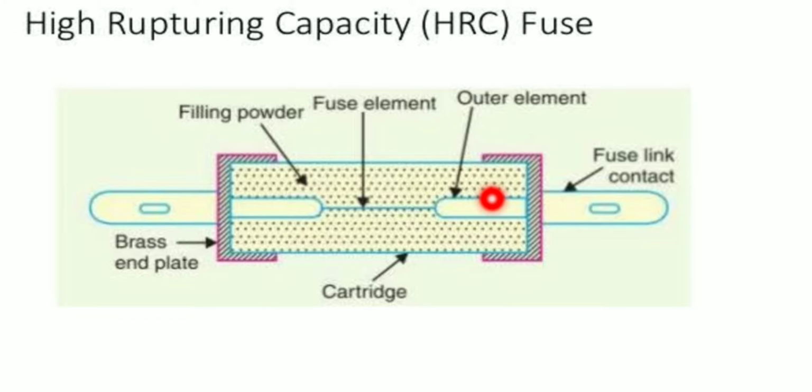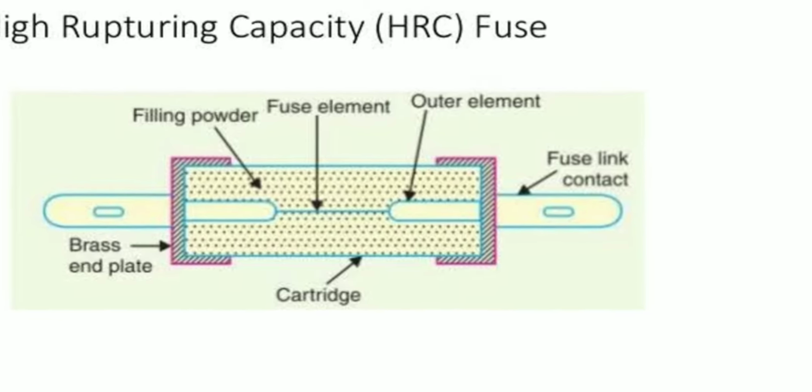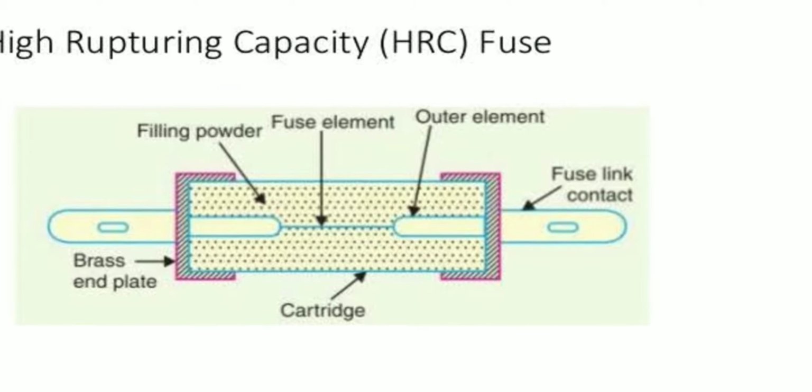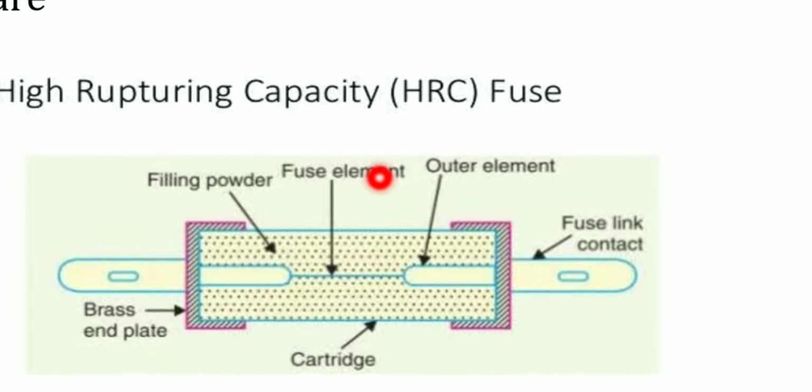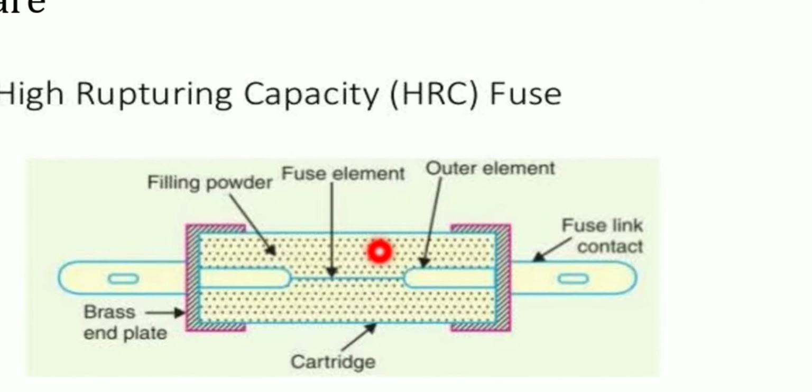So next thing, this enclosure I told about, the sky blue color, is representing the enclosure. There is a space inside this enclosure, so I have shown dots here. There is a space within the enclosure, and it is completely filled with some powder.